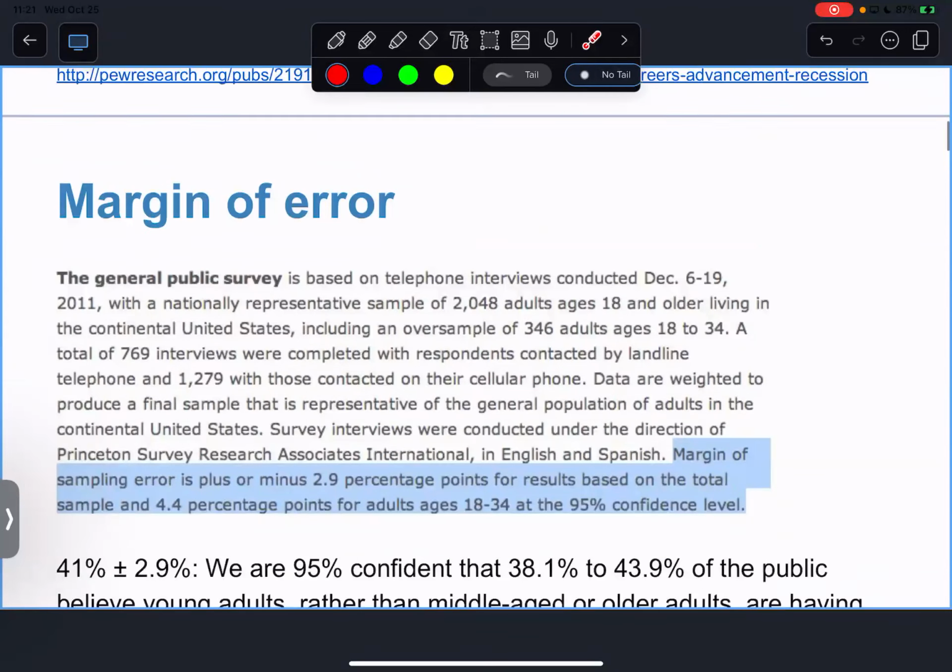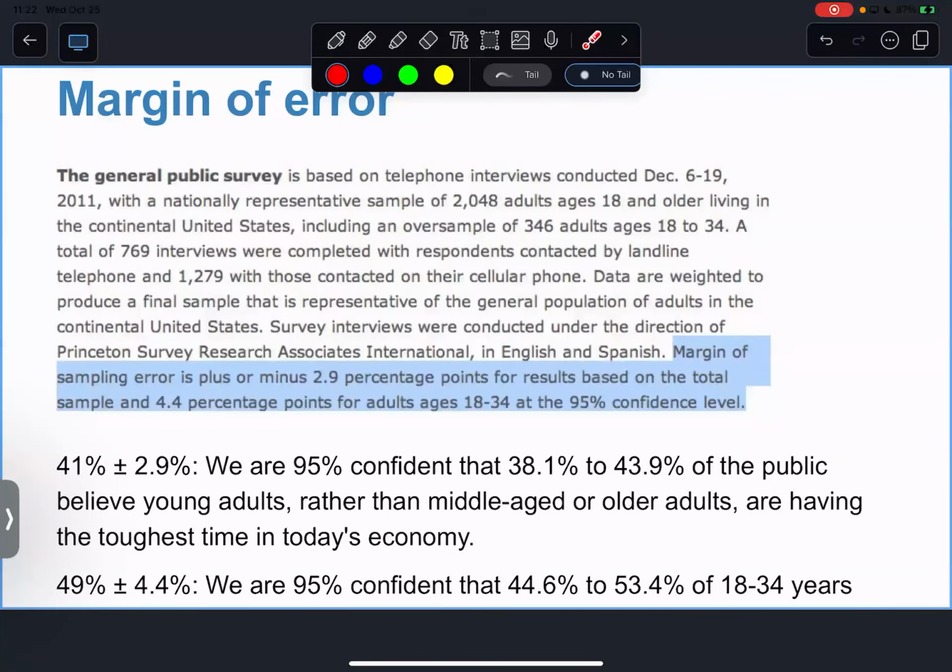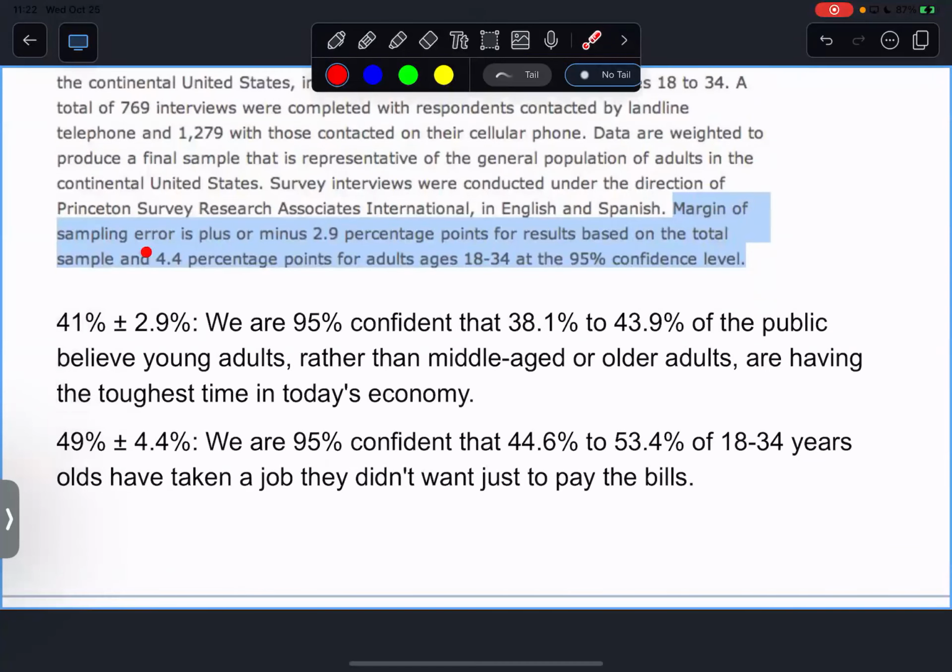But on the next page, they introduce the margin of error. Often in a report, they have to tell you how they collected the data. That's where you determine if it was randomly sampled, if it's a good representation of the population, etc. So that's what they're doing here. Landline, cell phones, the usual. And then they finish with the margin of sampling error is plus or minus 2.9 percentage points for results based on the total sample, and 4.4 percentage points for adults aged 18 to 34.